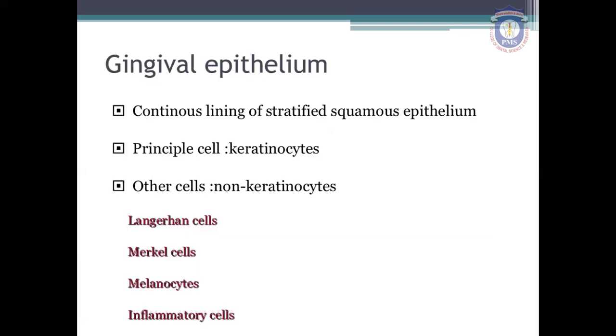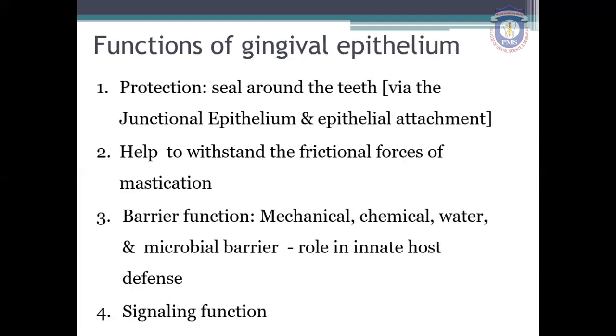This gingival epithelium is a continuous layer of stratified squamous epithelium. The predominant cell found here is the keratinocytes, and the other cells are known as non-keratinocytes, such as the Langerhans cells, Merkel cells, melanocytes, and inflammatory cells.